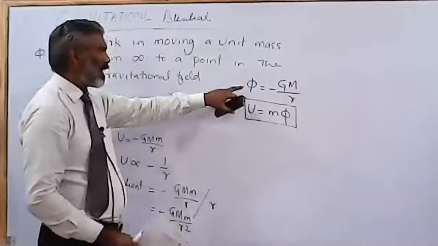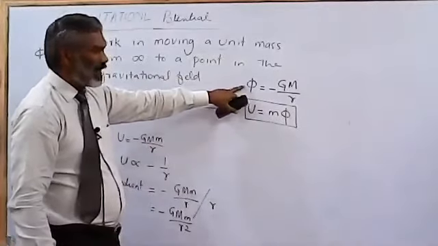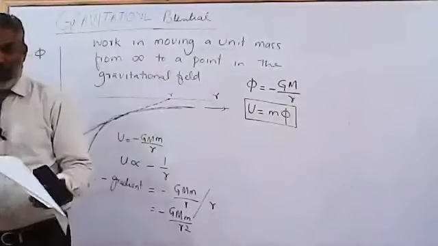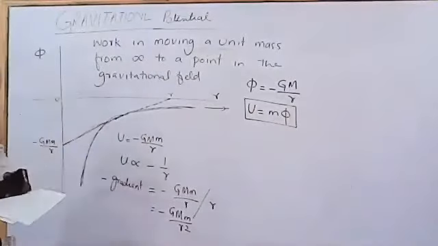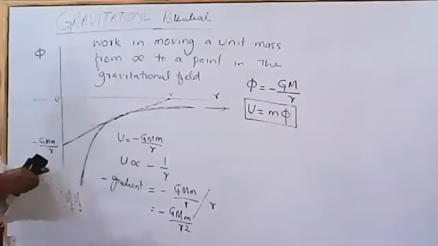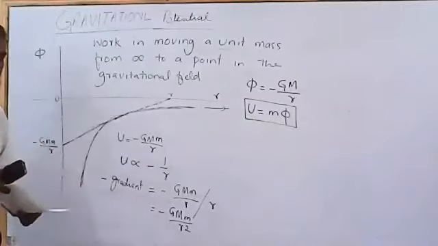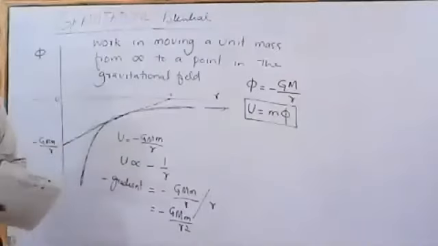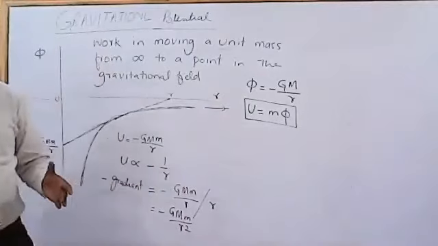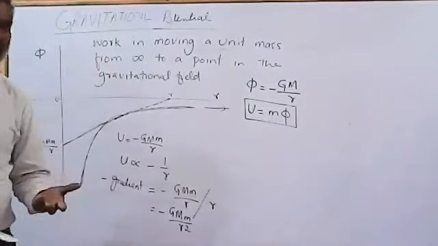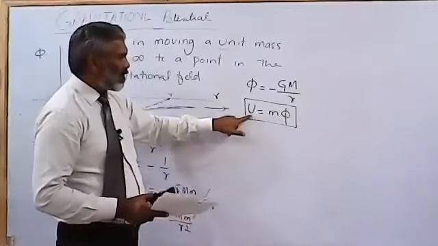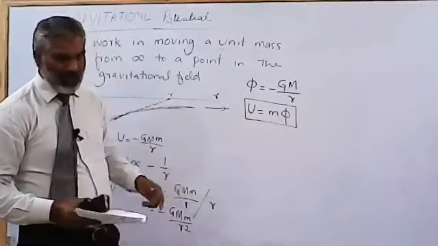If I multiply gravitational potential at any point by mass, I get the gravitational potential energy at that point, and that is actually the significance of this quantity, gravitational potential. If we can map the values of gravitational potential at various points in the field, then by multiplying by any mass we get the value of gravitational potential energy at that point.